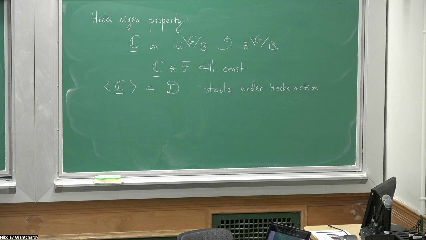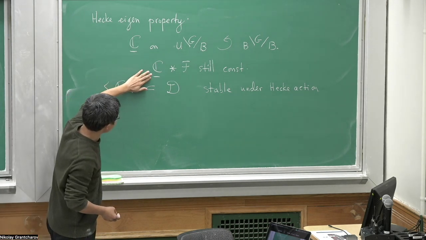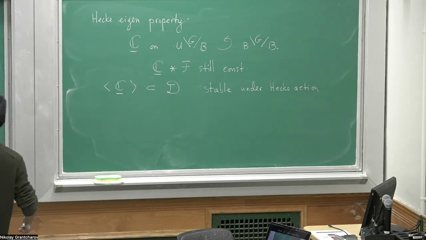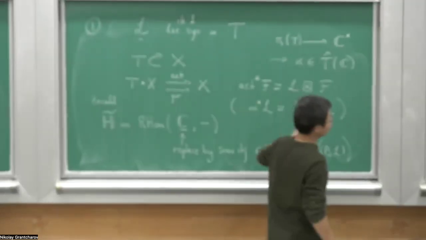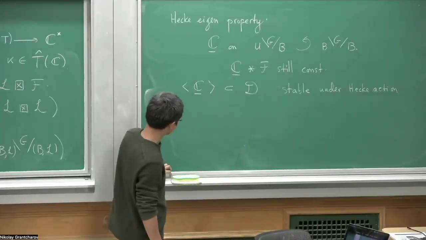That's a property which is used a lot in establishing the Soergel structure theorem. To define a functor, we can put anything here, but to get good properties about it, we want this kind of eigenproperty.